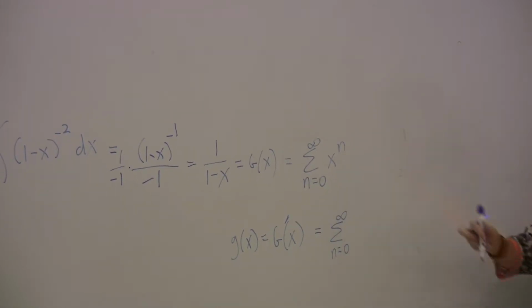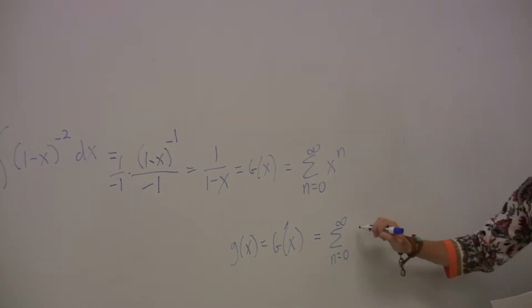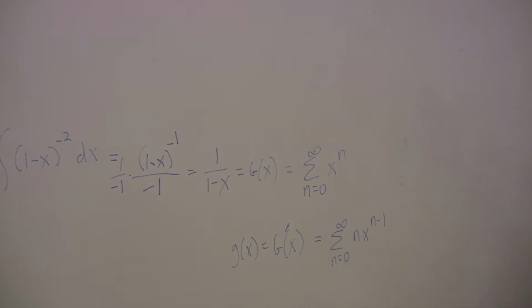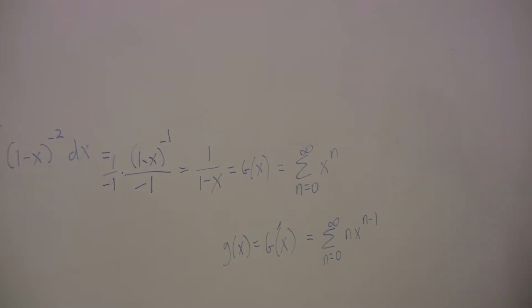What's the derivative of that guy? n times x to the n minus 1. Just using your derivative rules, right? Bring the exponent down and subtract 1.